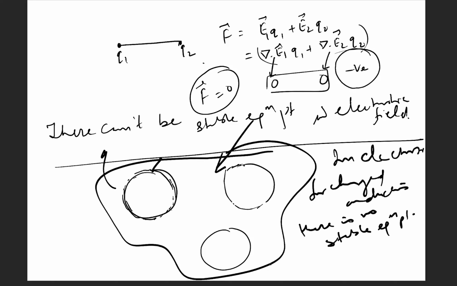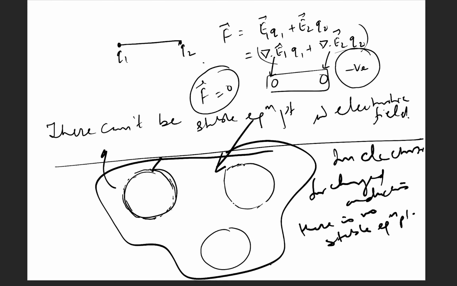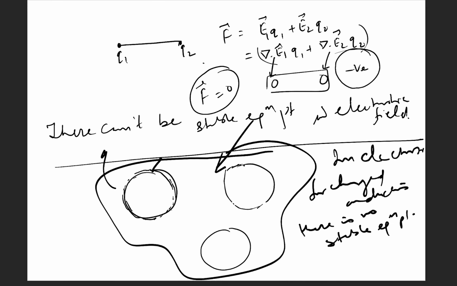Okay, now in the next slide we will see the stability of atoms. You might remember that there were many models of the atom proposed earlier. The earliest one was, I think, Thomson's model of the atom, in which positive charge is spread out and electrons, or negative charges, are embedded in it.